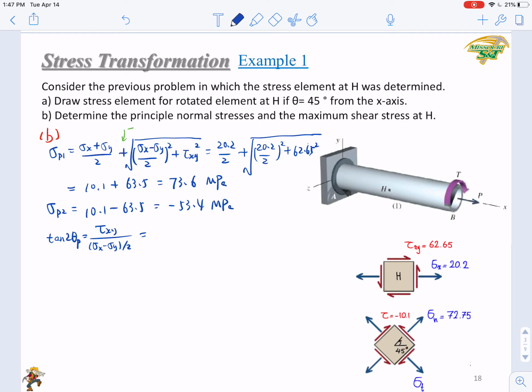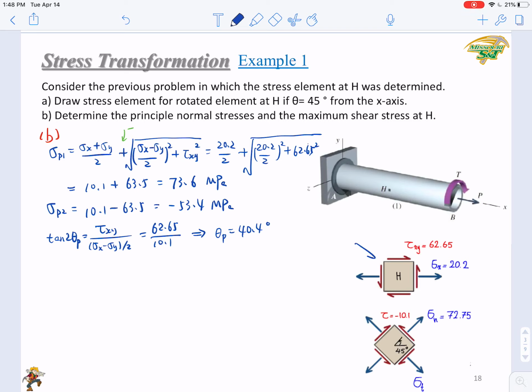Here you will get 62.65 over 10.1. Using the inverse tangent, theta p can be calculated as 40.4 degrees.